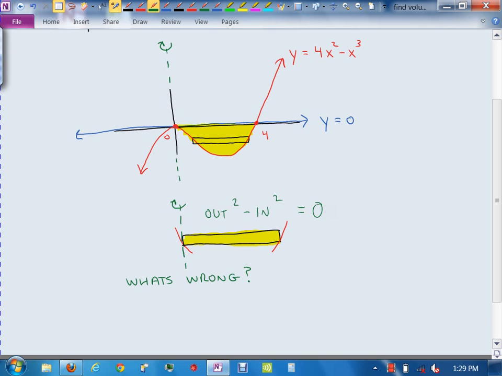So is there any other way I can handle this then? How do you mean? Take two different sections of it, you split it in half, the shaded region. How would you like to split it in half? I think I know what you mean. I think you mean like from 0 to 2, like split it right there. Do y'all see what is being suggested here?